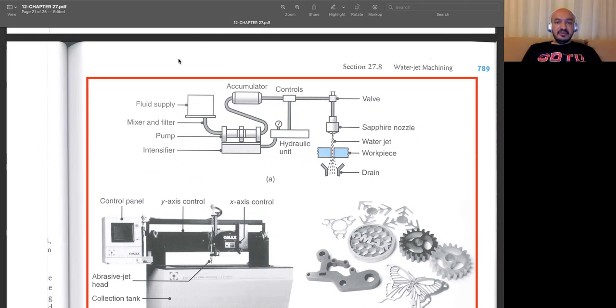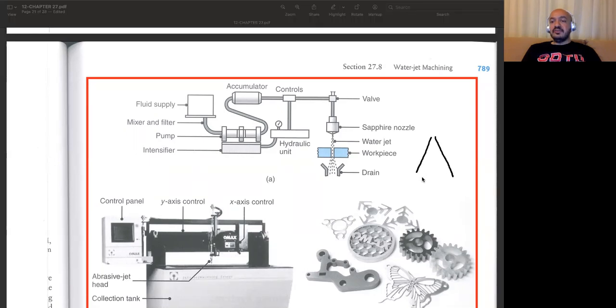And the thing about this process is that, as you see, at the tip of this nozzle, the width of our water jet is thin, but as it goes, the width increases. So in an exaggerated view, let's say you have such a workpiece. You cannot have a constant diameter hole or opening.